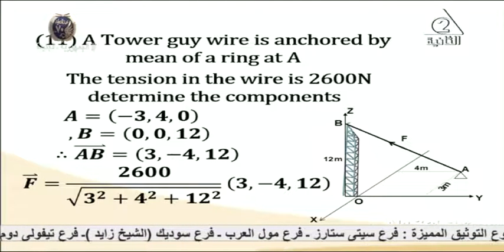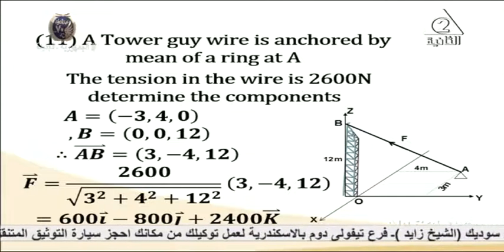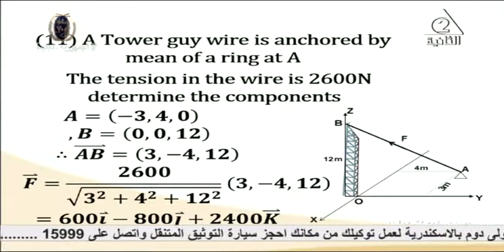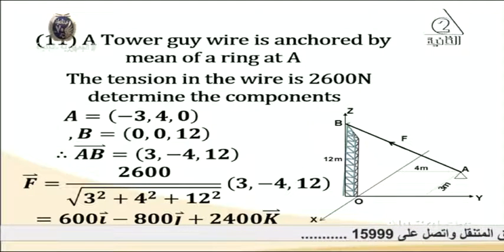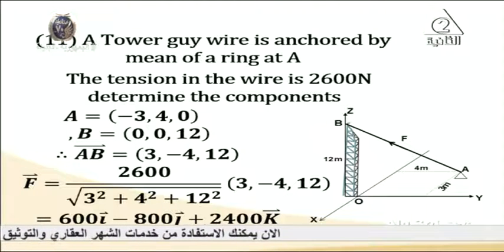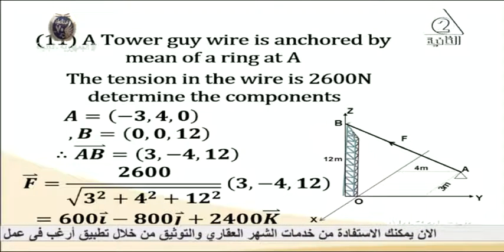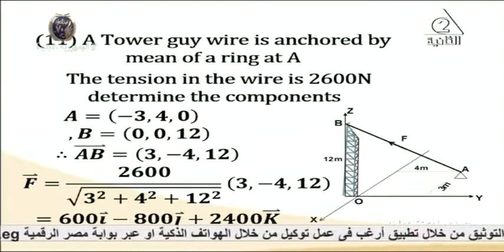Therefore, by substitution, the components of the vector F are (600, -800, 2,400), or in fundamental vectors 600i minus 800j plus 2,400k.